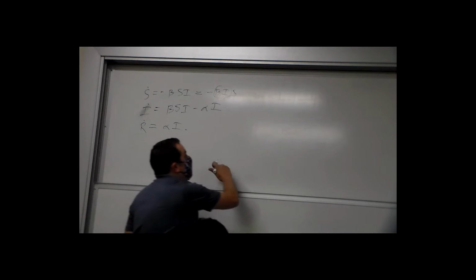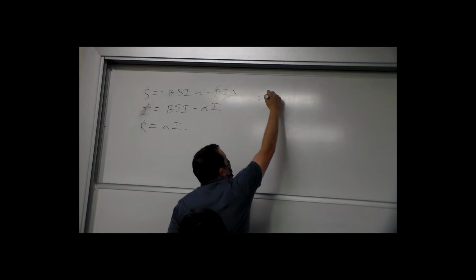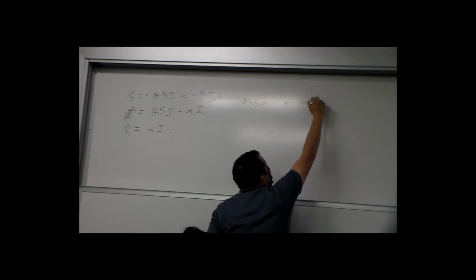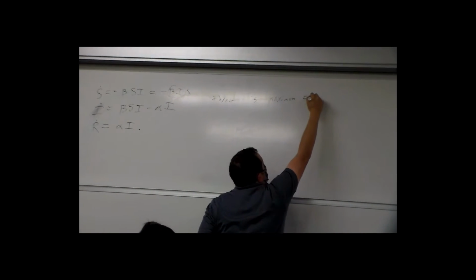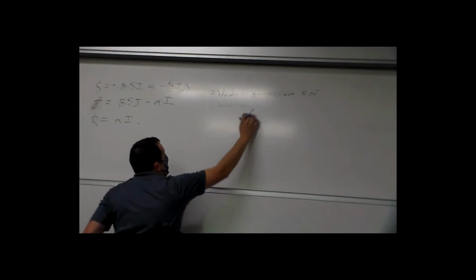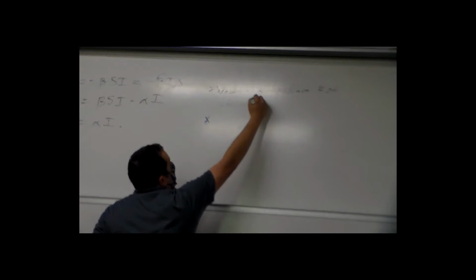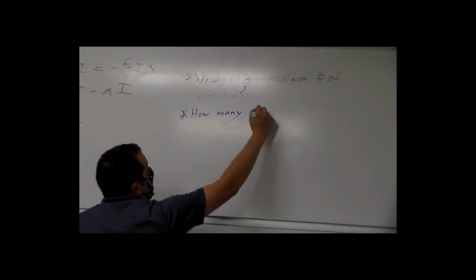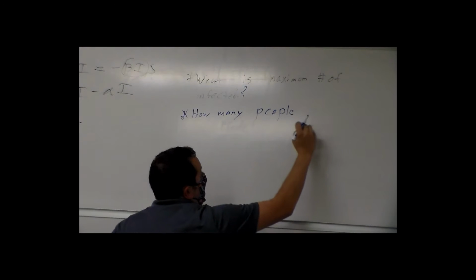Then we asked a bunch of questions like, what do we actually want to know about this model? Some of the big ones were: what is the maximum number of infected, and how many people are infected?